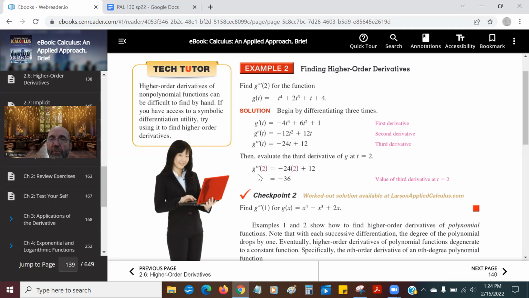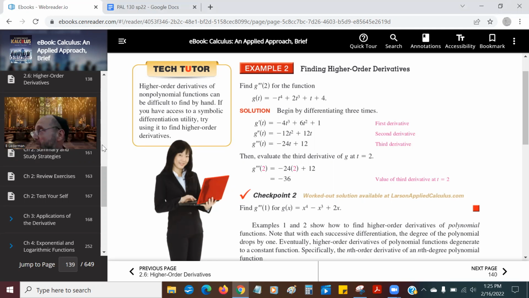So g triple prime of 2 is equal to negative 24 times 2 plus 12, which comes out to negative 36. And that is that. So you're just basically taking a bunch of derivatives and then plugging in a number. So again, when you see the title of this chapter, higher order derivatives, it sounds super complicated, but it's really no big deal.